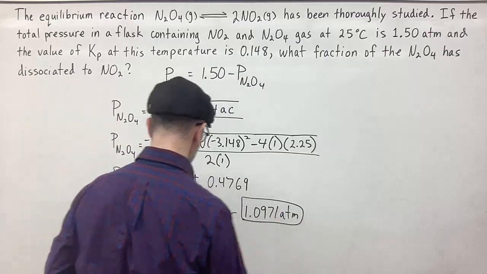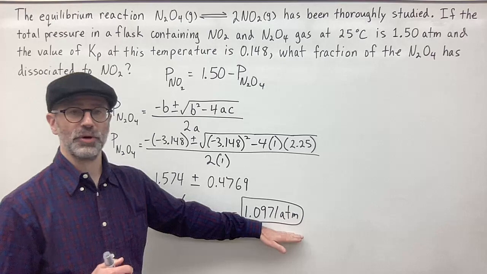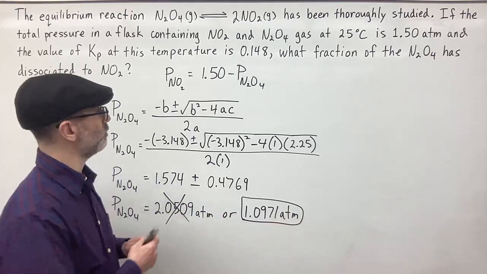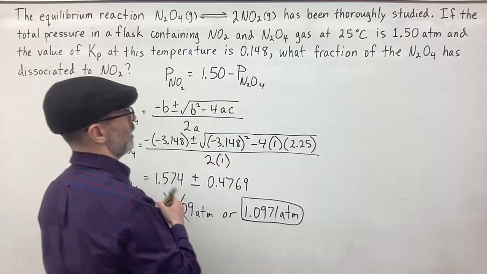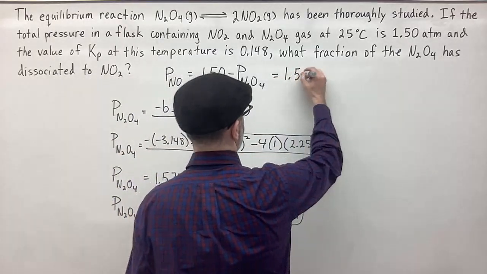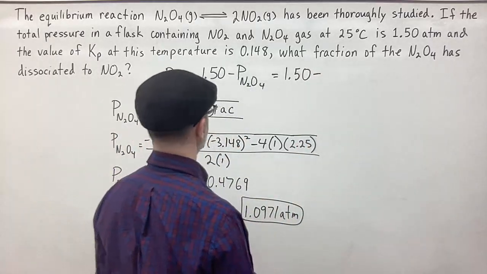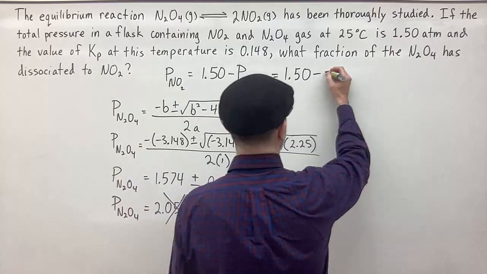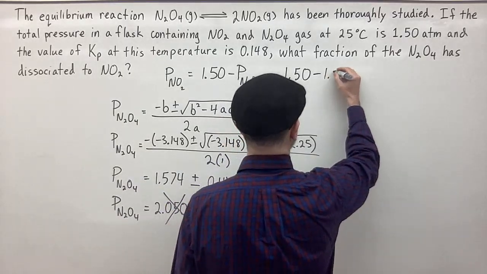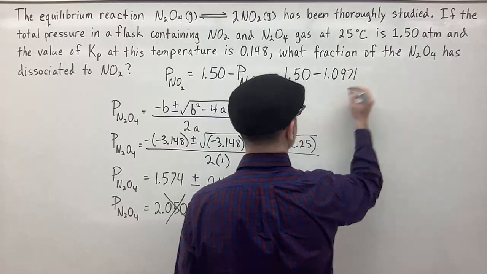Now we have that partial pressure at equilibrium. Now we have to figure out the partial pressure of NO2 at equilibrium, and that's where we go back to this equation. So now we can take the 1.50 and subtract this from it, 1.0971.